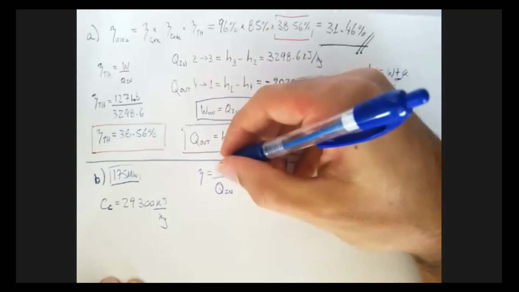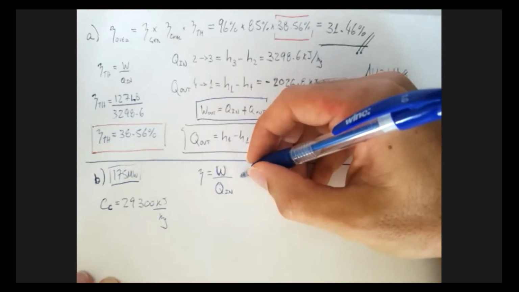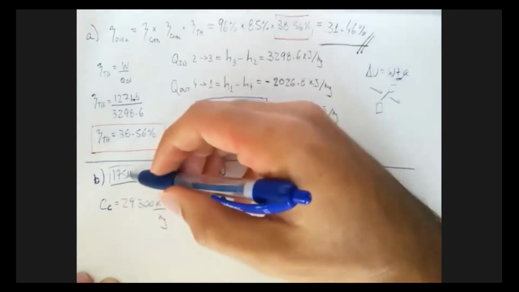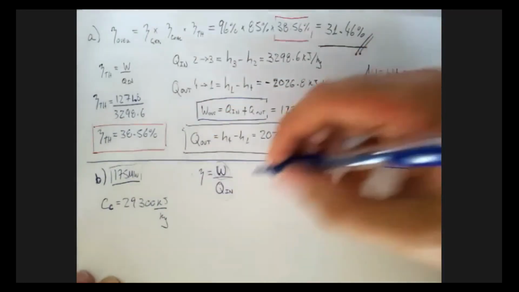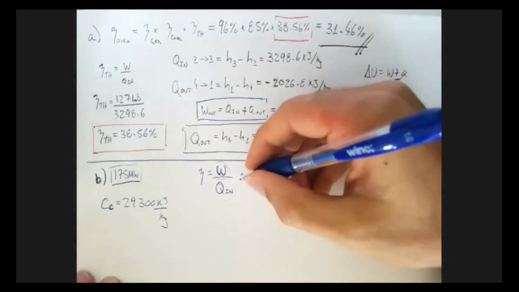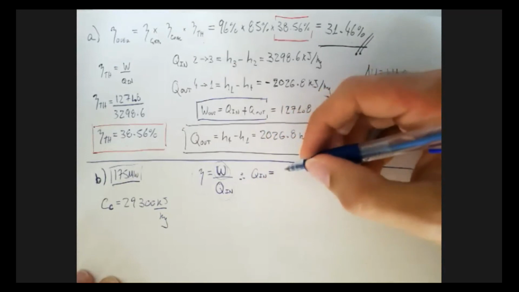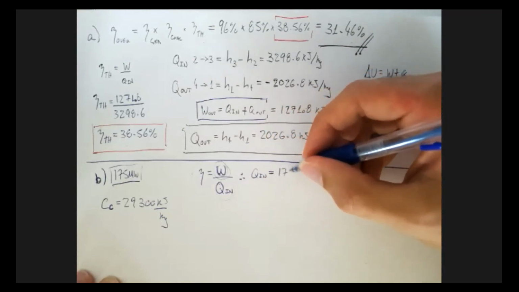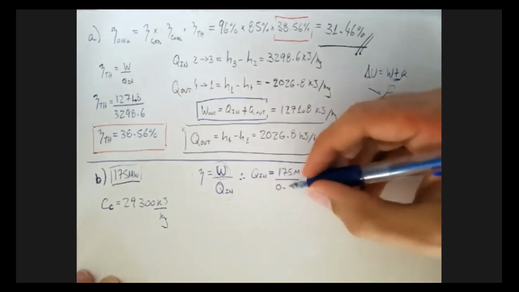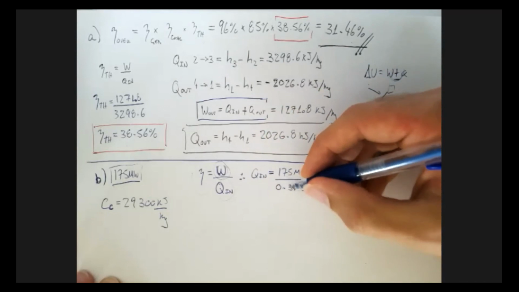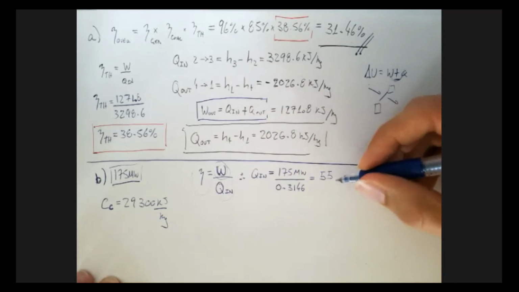So how much useful energy we're getting out as electricity is 175 megawatts, and my efficiency is 31.46%. So my Q in, the total amount of energy I have to put into this system, is going to be 175 megawatts divided by 0.3146, which is 556.26 megawatts.